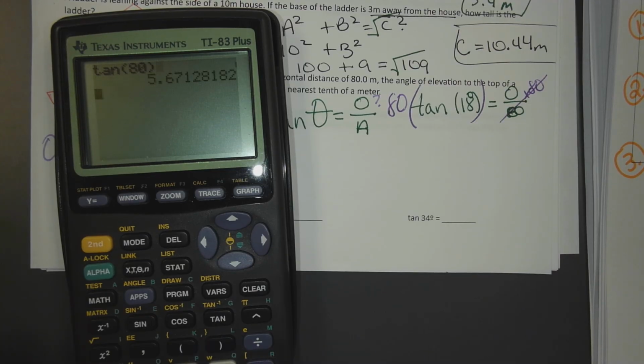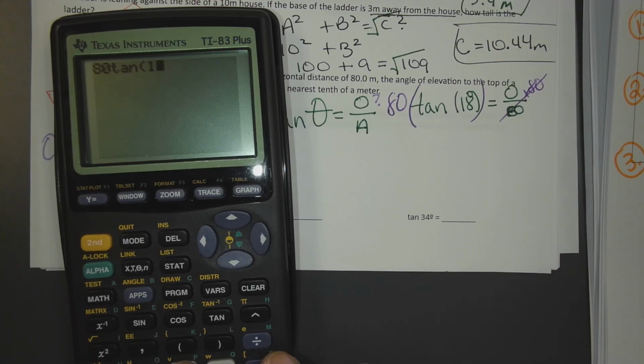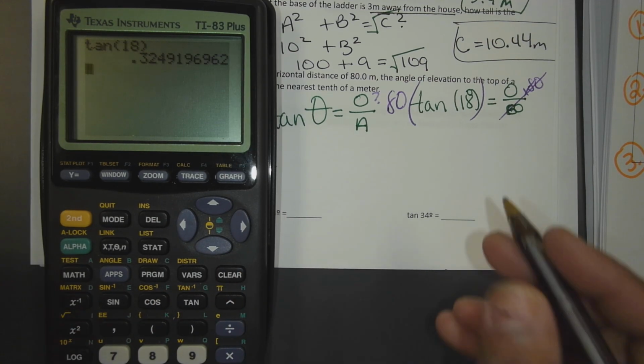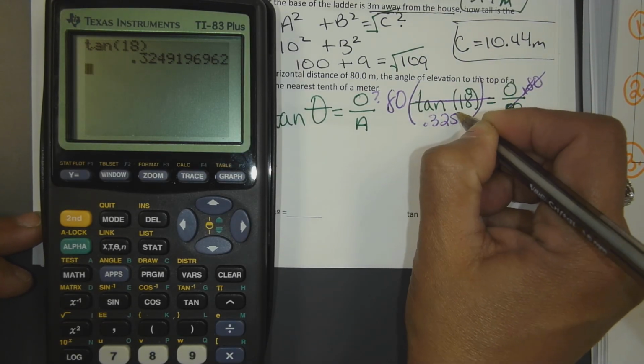Yeah. No, you put 80, then click tangent, and then you do 18. Oh, I could. You're right. I see what you're saying. I just like to do it step by step. It works either way. I agree. Either way, it works. So this is 0.325.